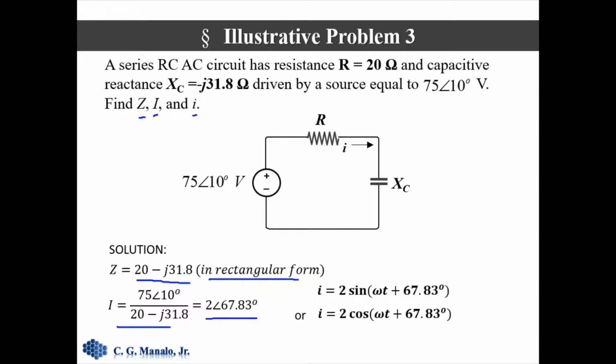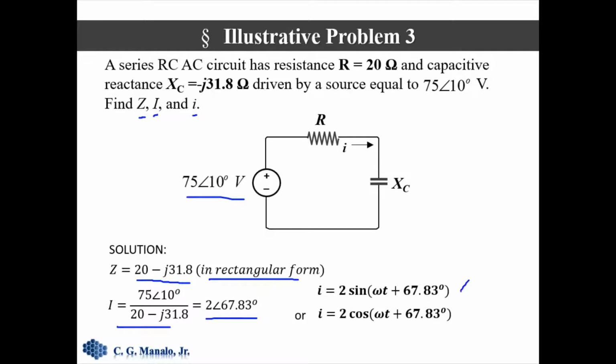And now, how do we compute the time domain I? Since we don't know whether the source came from a time domain source expressed as a sine or a cosine function, we could have two answers here.